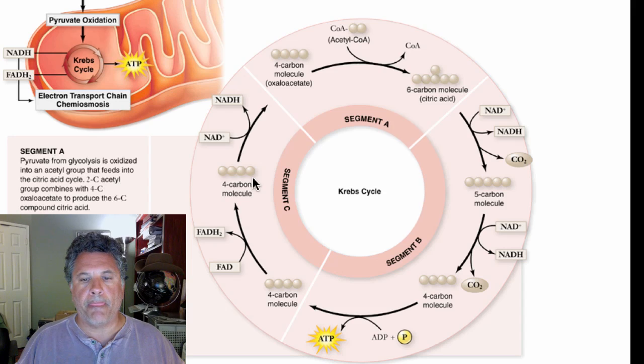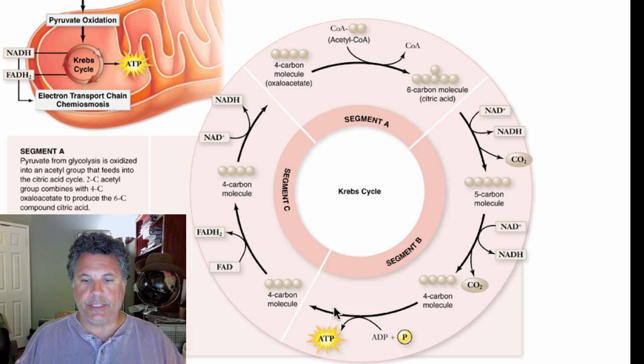So at the end of the Krebs cycle, then, as we go through this, in the matrix of the mitochondrion, per cycle, we've gotten 1 NADH, 2 NADHs, 3 NADHs out. We've gotten 1 FADH2 out, and we've gotten 1 ATP out per cycle of the Krebs cycle.